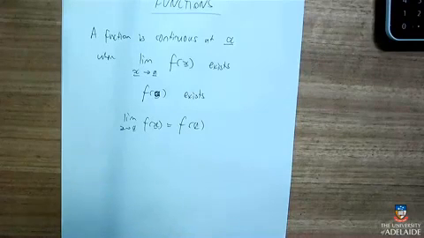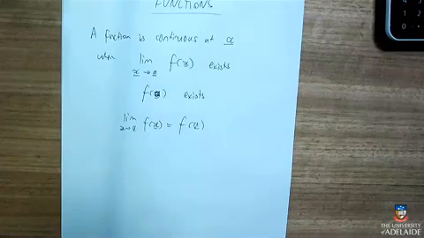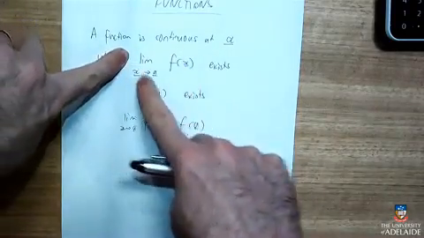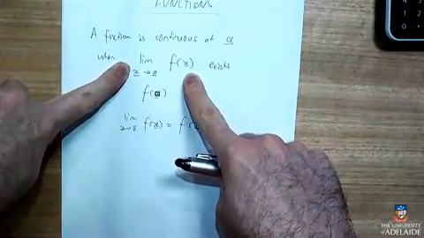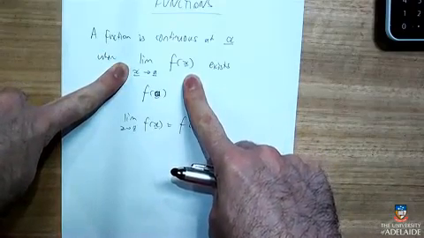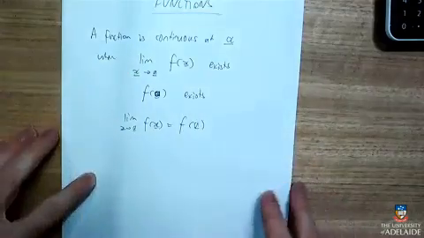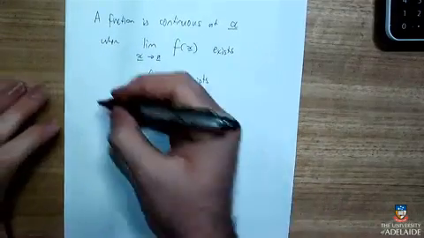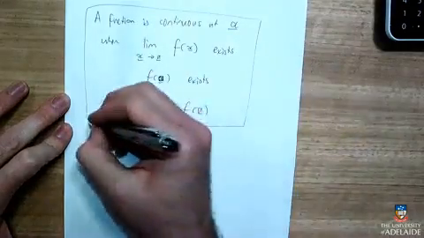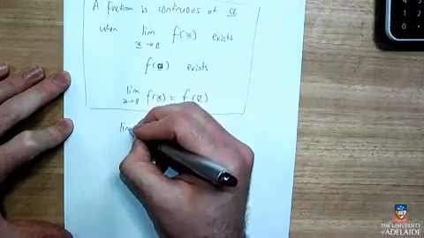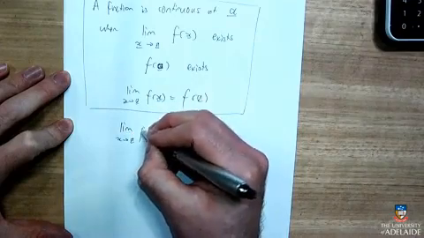Okay. So this is a definition of continuity, but you have made an important point in that for this limit to exist, it has to exist from both directions, or in the case of multivariable functions, from every direction. So I'm just going to add that in.